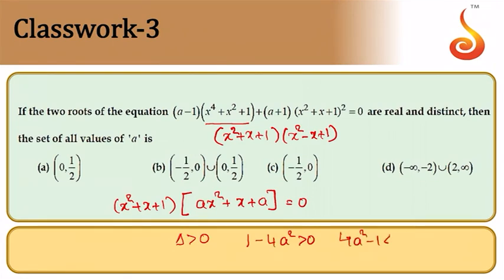Now, this is a quadratic equation. Delta is greater than 0. So we get 1 minus 4a square is greater than 0, or 4a square minus 1 less than 0, or a square minus 1 by 4 less than 0.